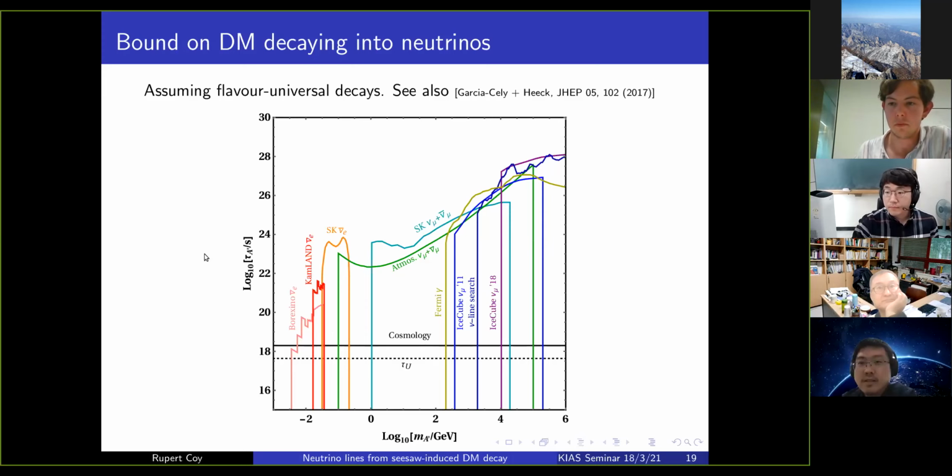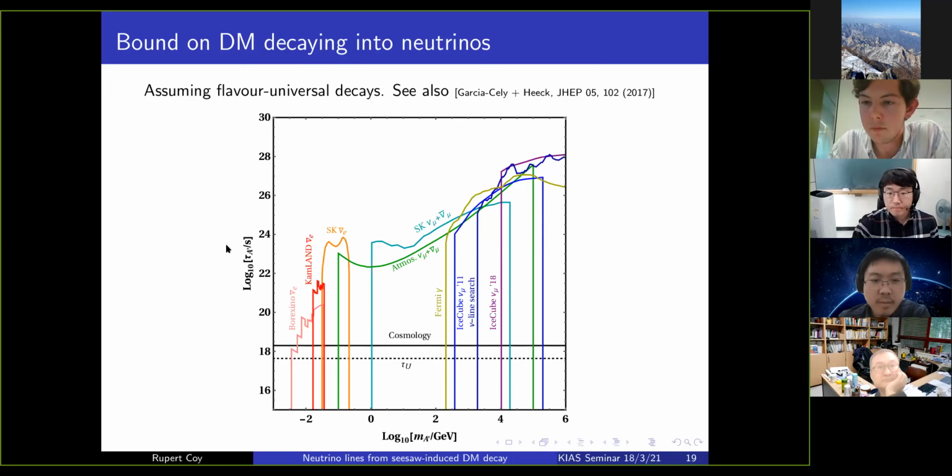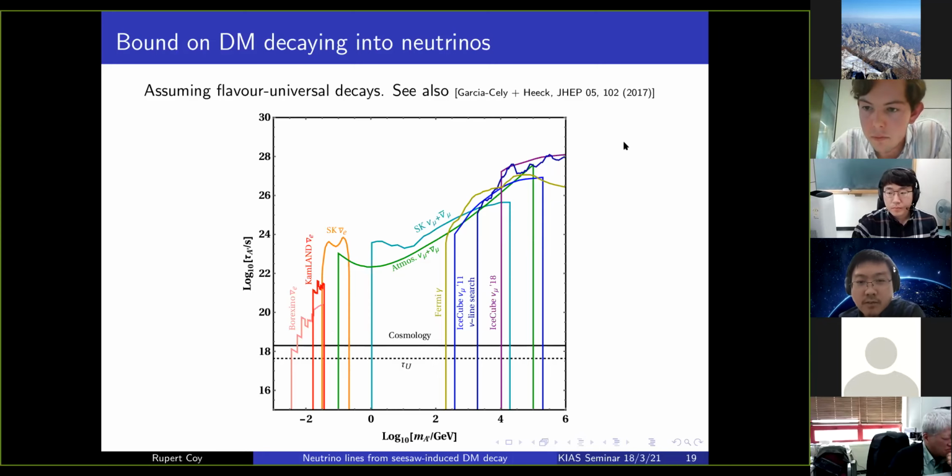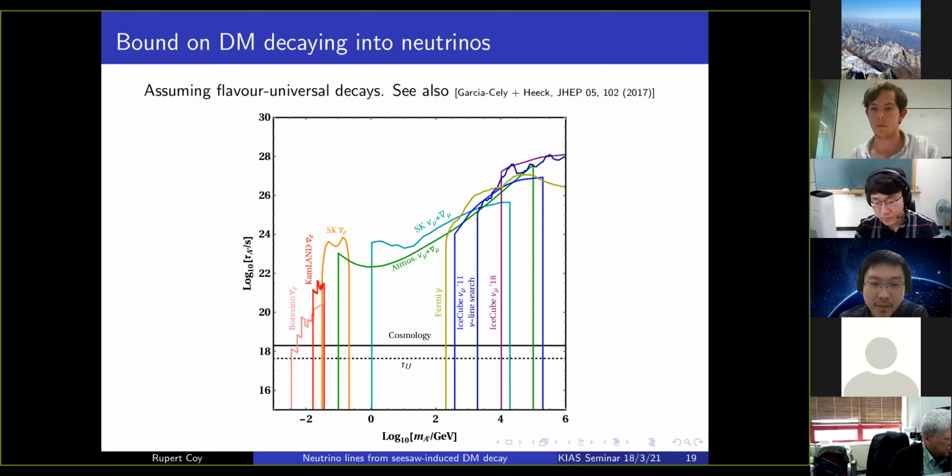I had a question. Would you remind me what the typical mass scale is for dark matter? Your dark matter has a mixing with the standard model neutrino. Well, the dark matter is the A prime, not the chi. Would you go back to the previous slide?